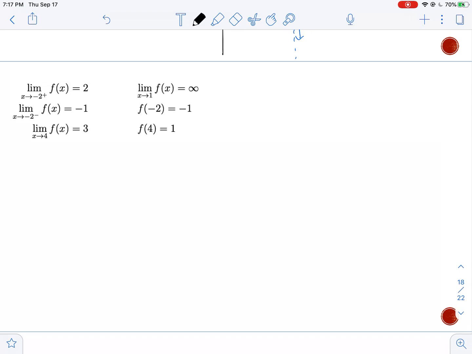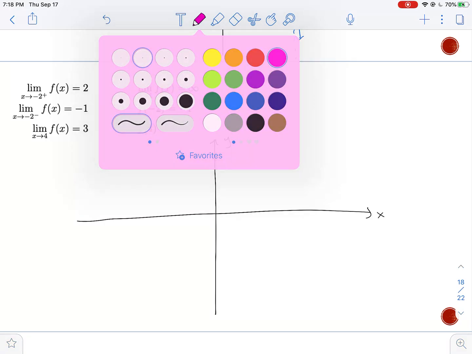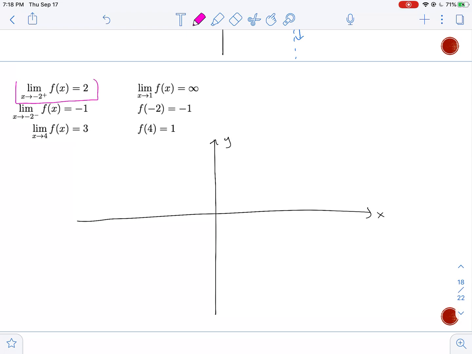All right, you guys go ahead and pause your video and see if you can do this one. All right, so if we were to graph this, again, I'm just going to do it in pieces with different colors. If I were to graph the limit as x goes to negative 2 from the right-hand side, here's negative 2.